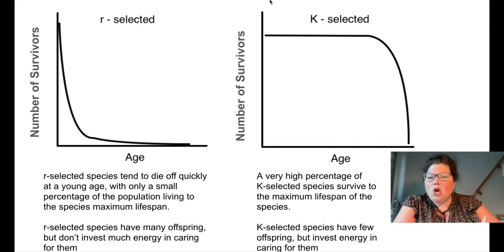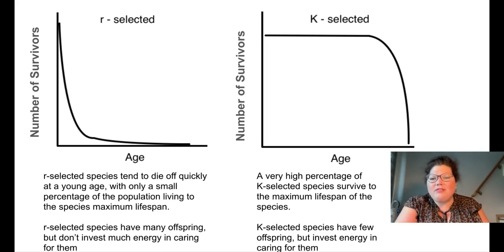All right, let's start with R-selected. We've all learned about R-selected so far. We know that with R-selected species, we often see an age versus survivor graph something like this. We're going to see it again with our survivorship curves. It's the amount that are making it past a certain age as we go.